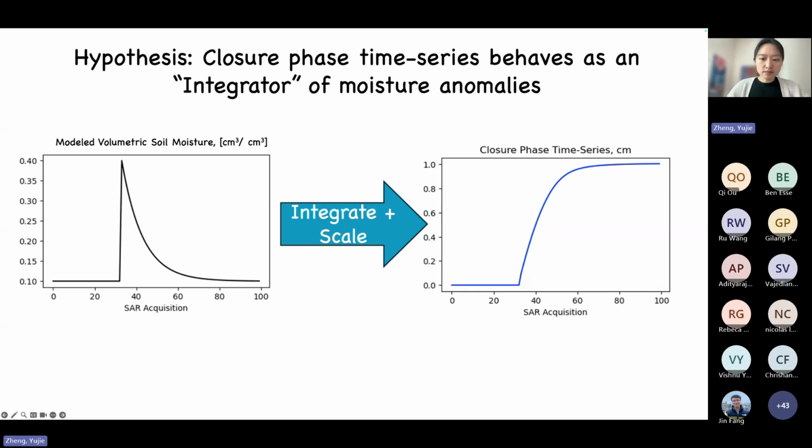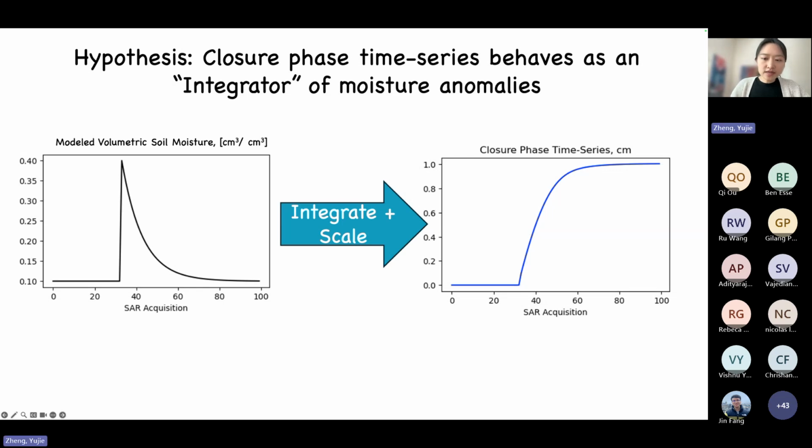So if you imagine a soil moisture anomaly with zero duration, or a very small duration, the closure phase time series will jump instantly like a step. So in a sense, this says that if there is an impulse response to the system, the impulse response is a step function. And if you have an impulse response of a step function, the system acts like an integrator. Here, the extra scaling factor is because the step change might not necessarily be unit height.